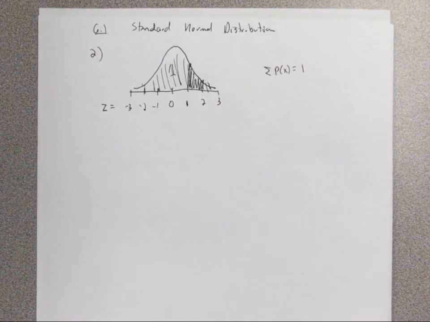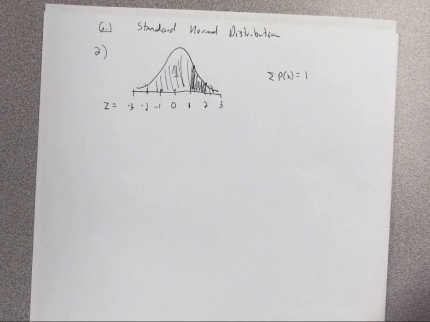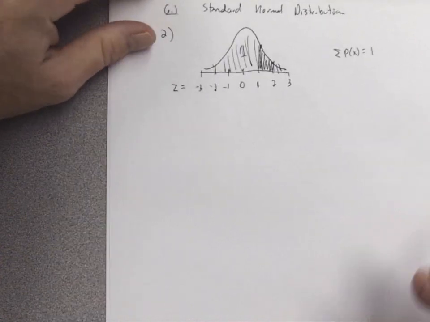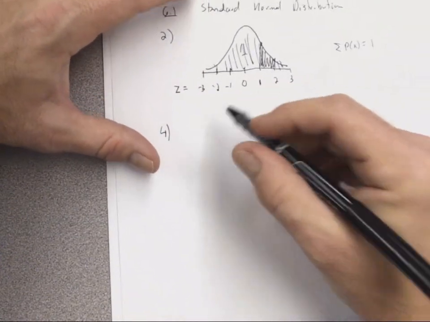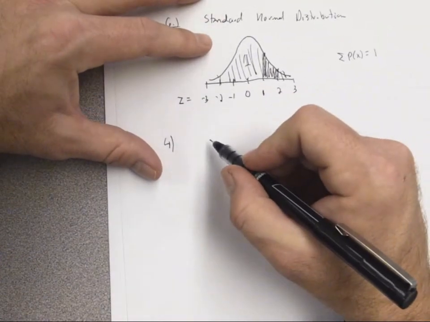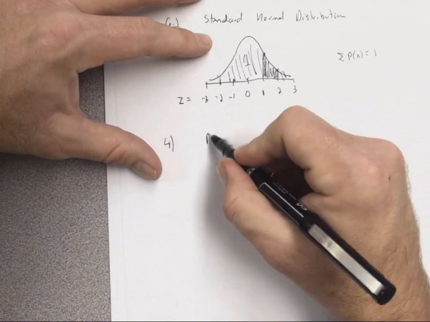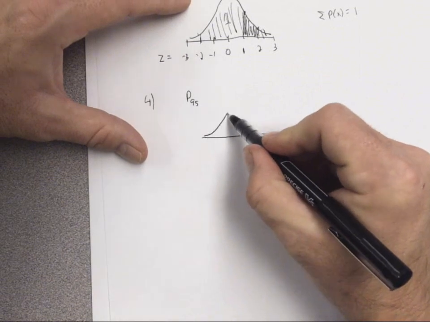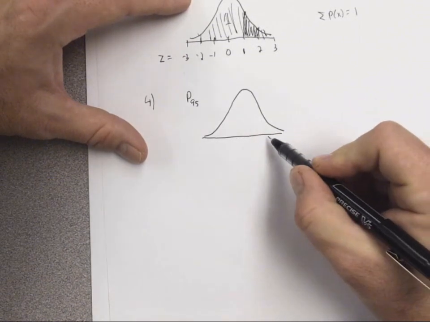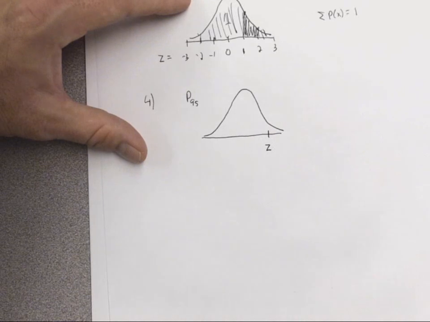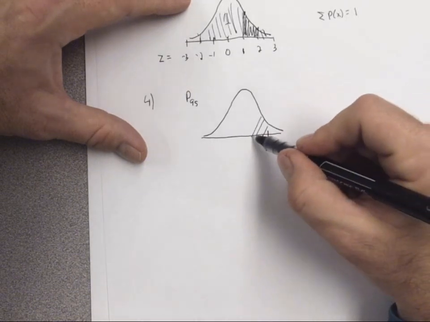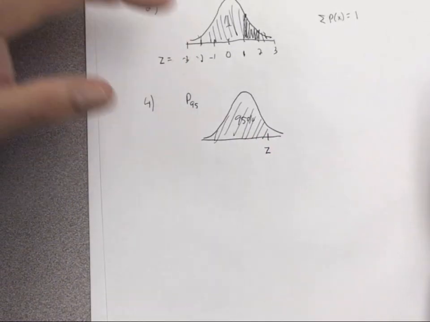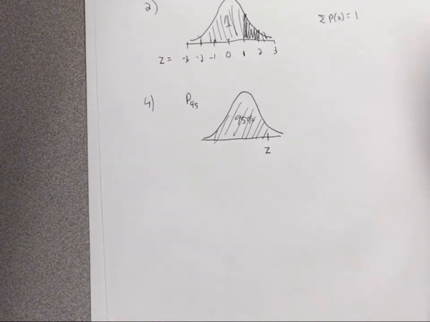Number 4 asks us, what does Z alpha indicate? So if I'm asked to find, say, P95, what we have is that bell-shaped curve, and what I'm looking for is the Z-score that gives us an area to the left of 95%. So this would be 95%. That's what the 95th percentile technically means, right?